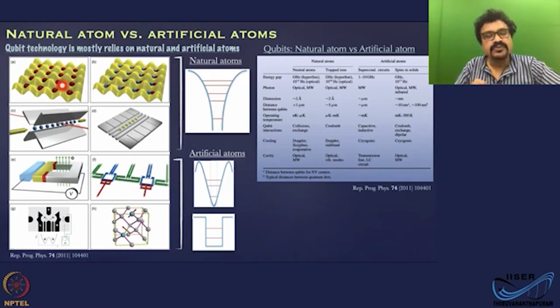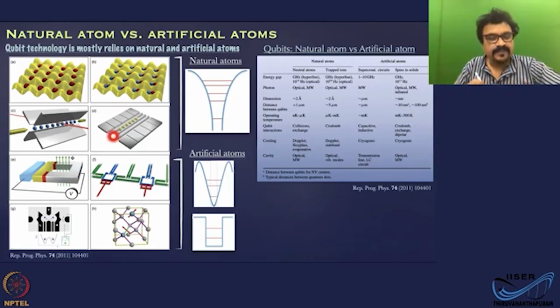The first two pictures show how you trap atoms using laser fields in an optical lattice and use the atomic states to store and manipulate the information using its quantum state.